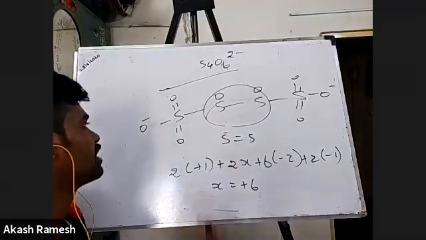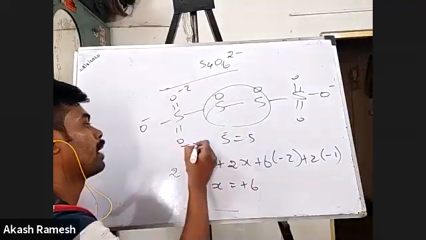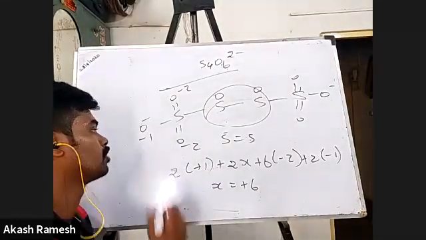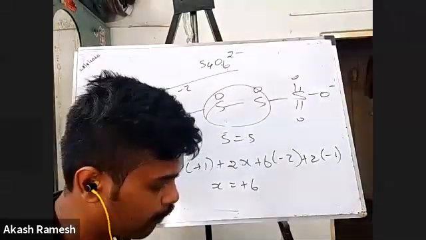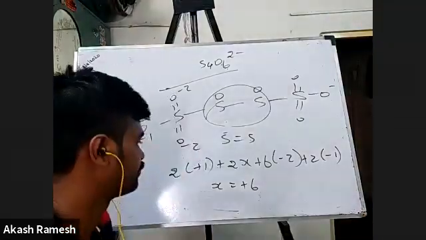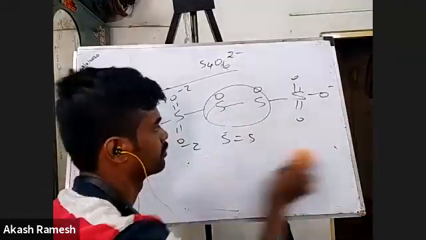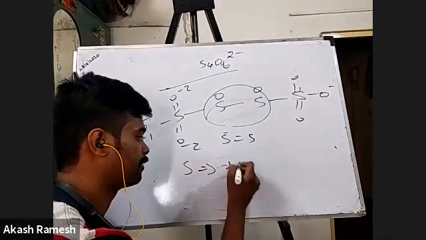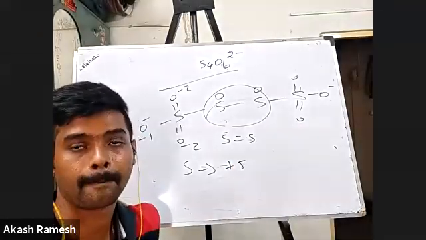Now easily I can say what the oxidation number will be: oxygen is having -2 and -1. Already the charge is given, so it's -1. So you will find for both the sulfur atoms, here it is going to be +5 as the oxidation number.